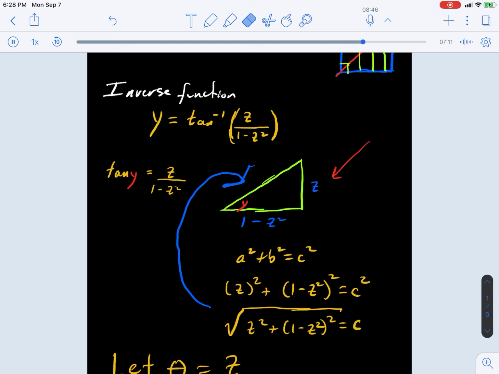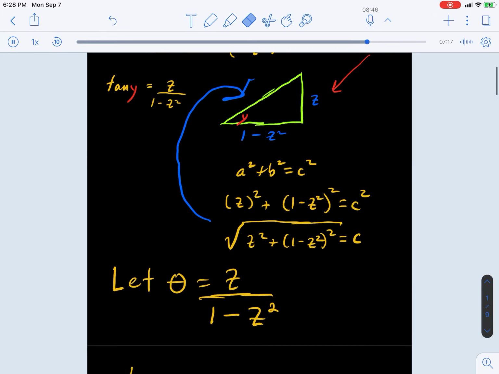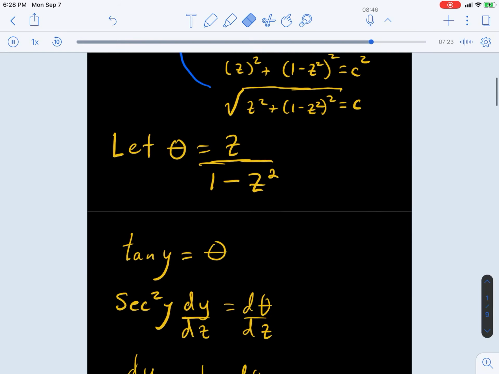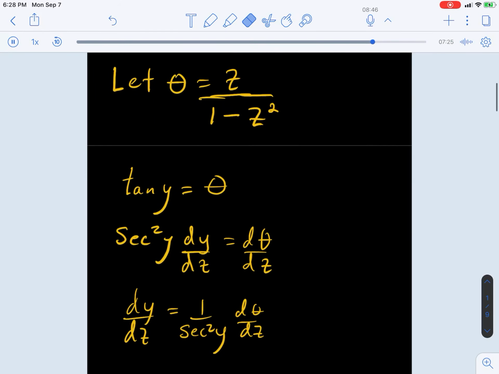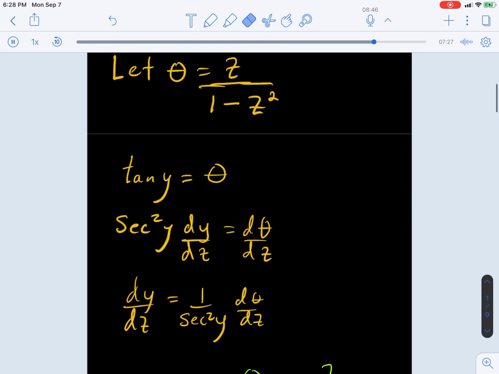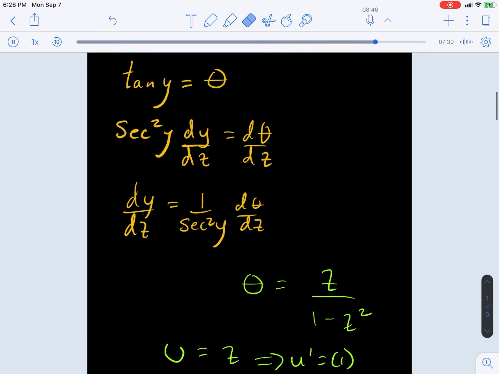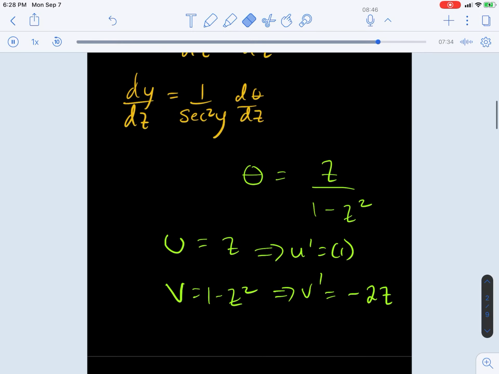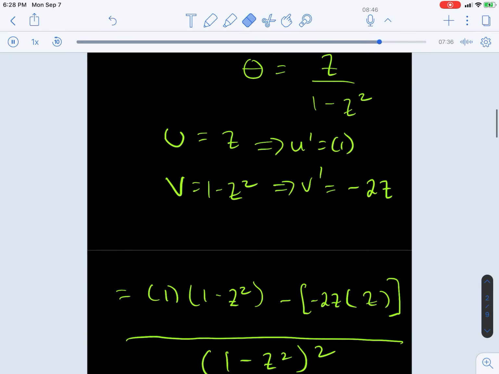We had our inverse function. We created a triangle, used the Pythagorean theorem. I put a substitution piece called theta. I differentiated both sides. Now I differentiated my theta with respect to z. Use some algebra.